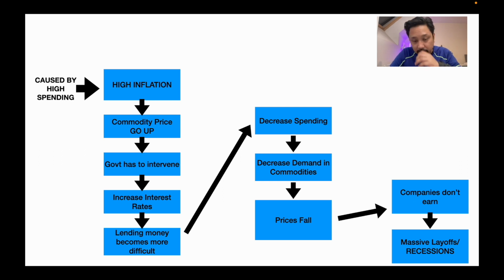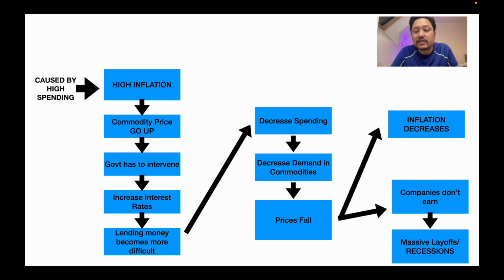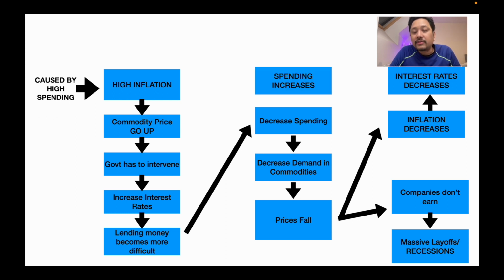But if a recession doesn't ensue, hopefully not, inflation may decrease as a result, and if inflation decreases, then of course the interest rates may also decrease correspondingly. When interest rates decrease after such a period of time, spending will increase, and in turn it'll return to a state of high inflation.